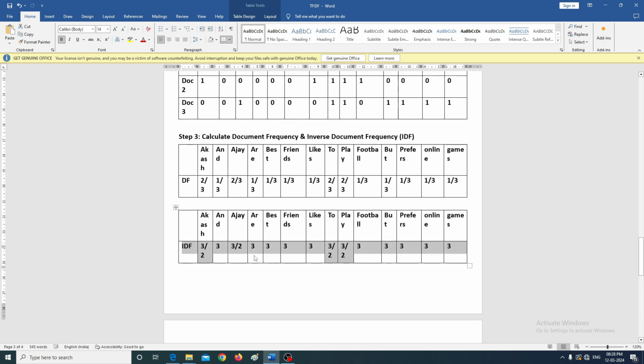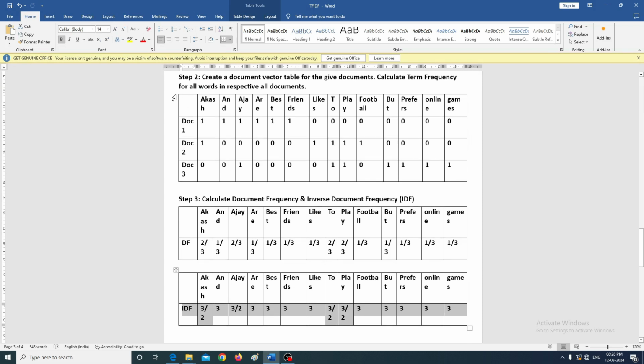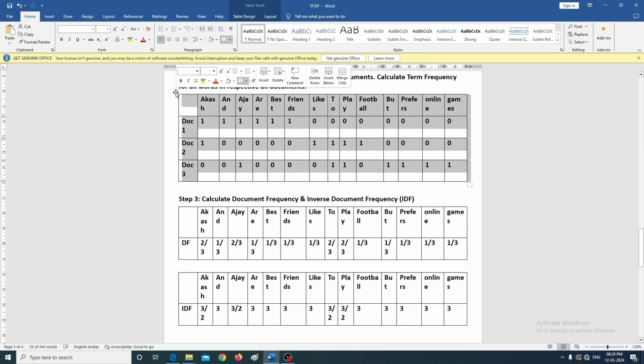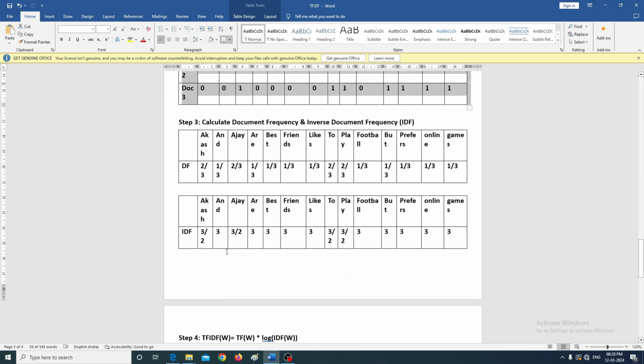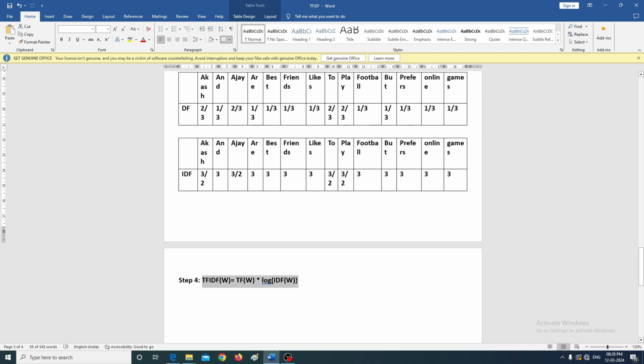We apply the formula by copying this table, so we can get the TF-IDF of each word for the given corpus.